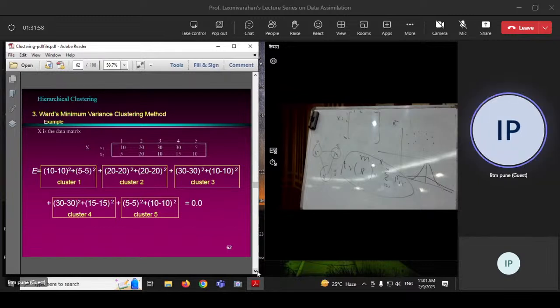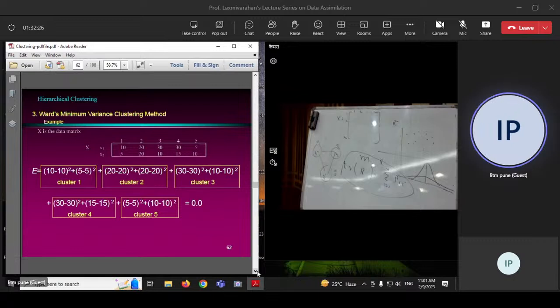You are only allowed to group them. The total variance is fixed. You are going to divvy up the variance into two groups. One is the sum of the inter-cluster and the other is the sum of the intra-cluster. If the sum of two quantities is fixed, I can minimize one by maximizing the other.